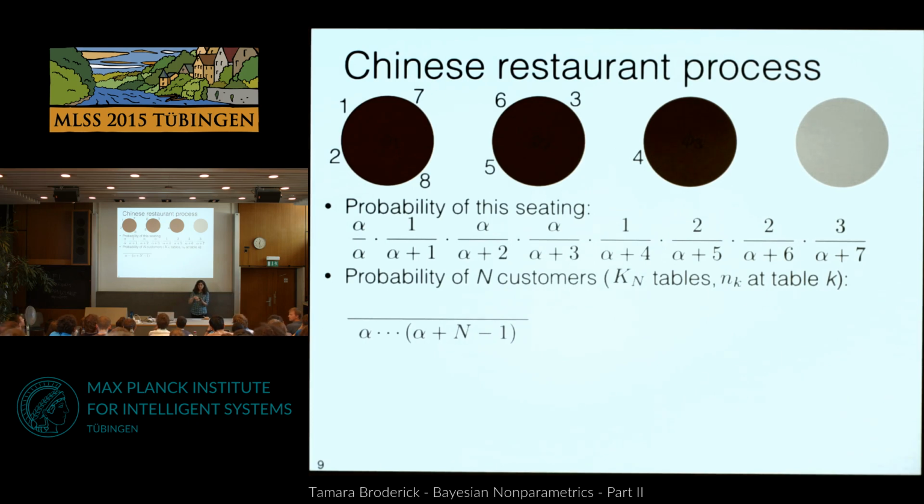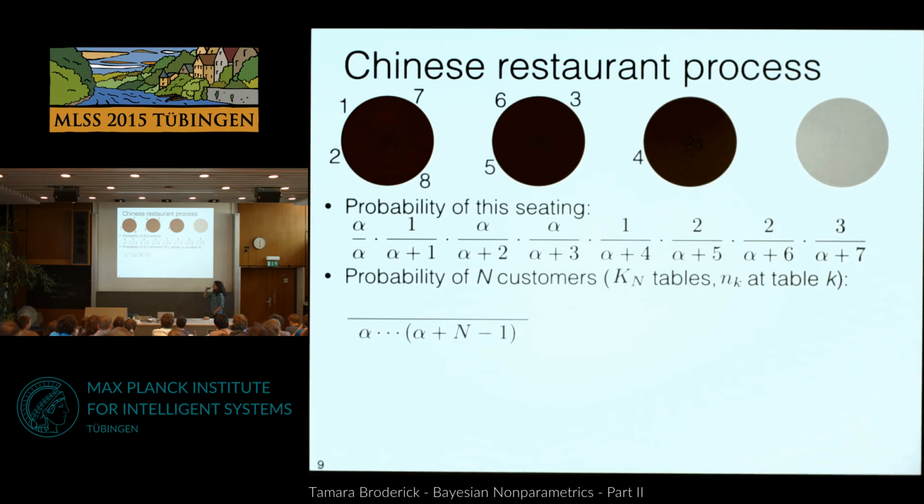The second person, there's the potential for a new table, and there's one person already there. And you go all the way up to the last person, where there's the potential for the new table, alpha, and there's n minus 1 people who have already sat. So this is just a product over all of the terms of alpha, alpha plus 1, alpha plus 2, all the way up to alpha plus n minus 1.